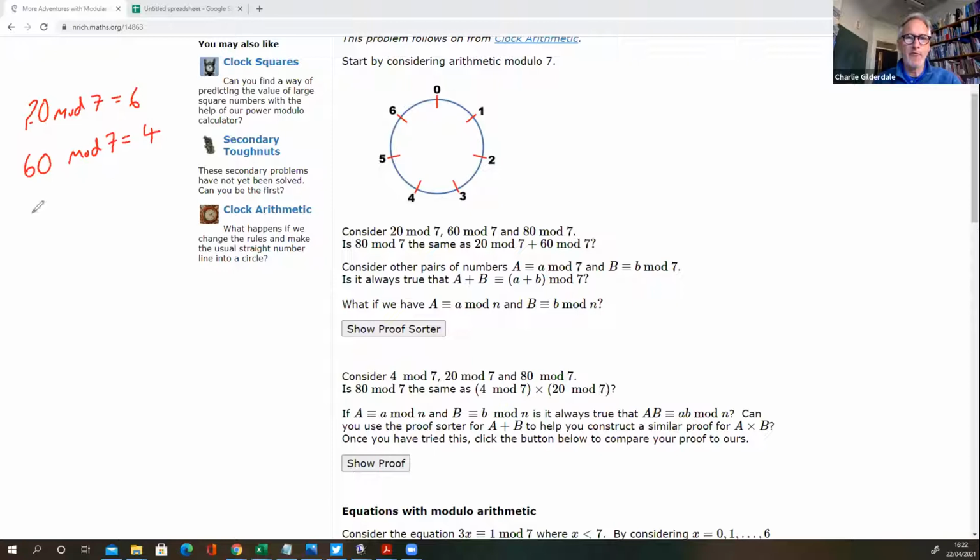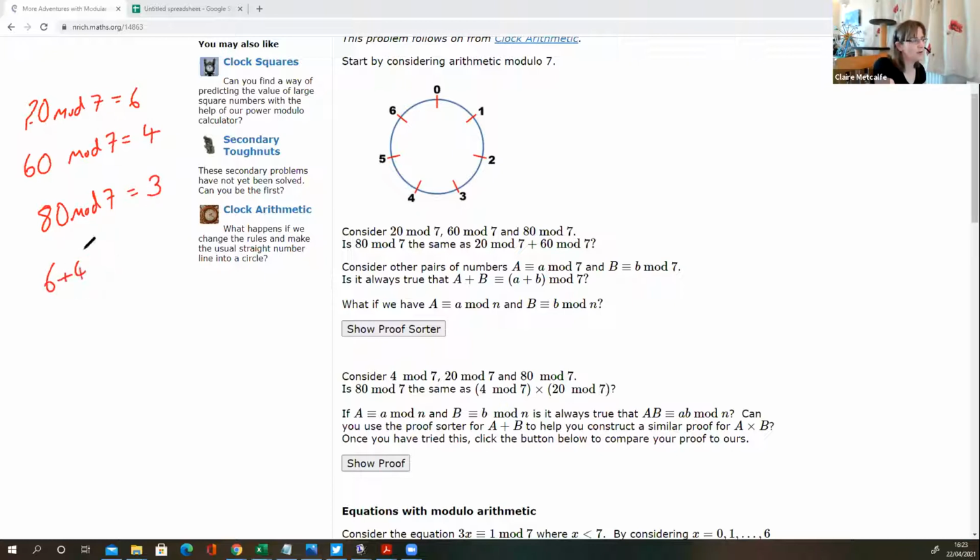Yes. 56 is 0. And then 80 mod 7 is the same as 3. And then you also notice that if you add up 6 plus 4 mod 7, you also get 3.